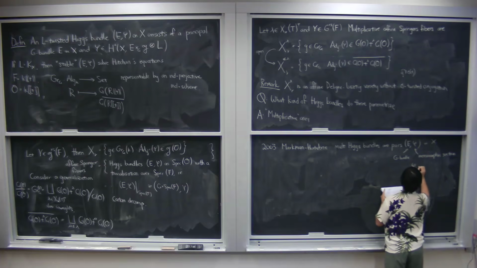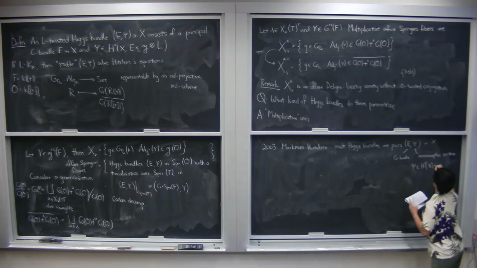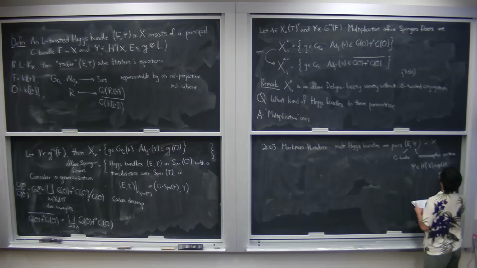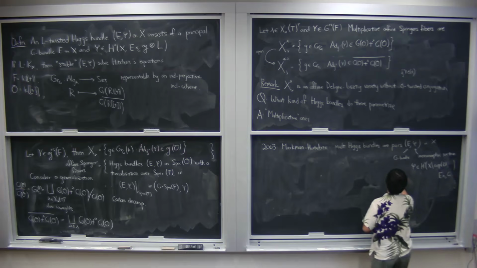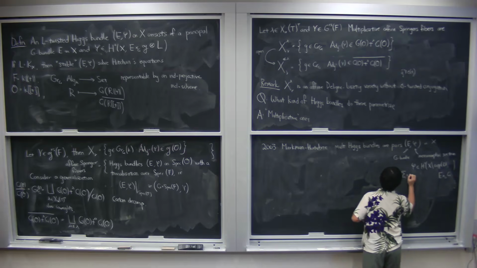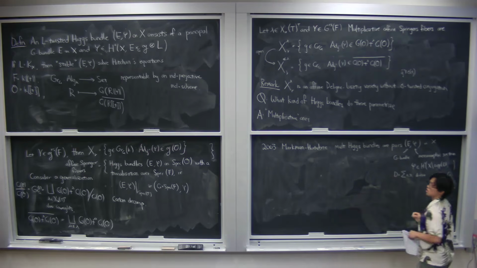So phi lives on X, but away from some divisor, say D, and it lives in the big adjoint bundle, or you can call this the automorphism bundle of E. And here D is a divisor.